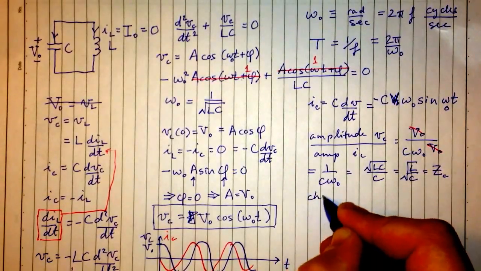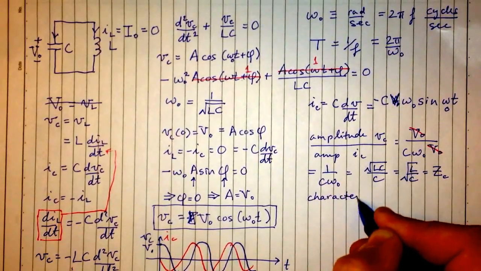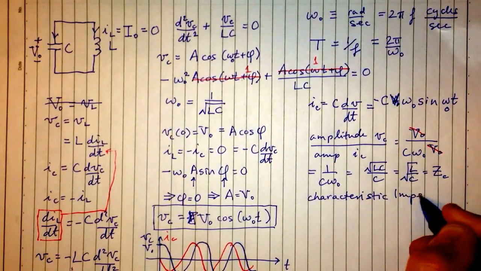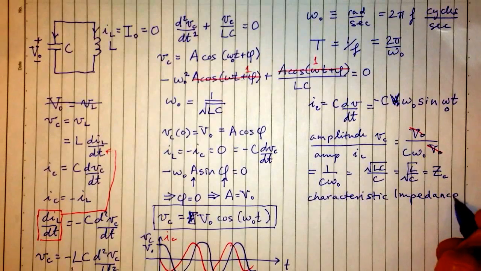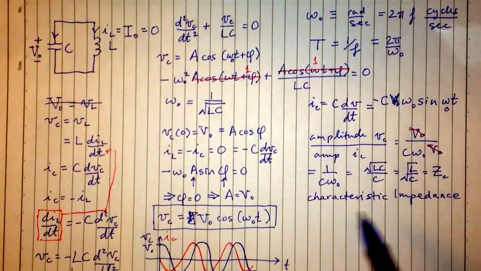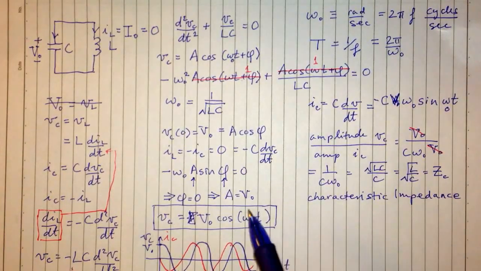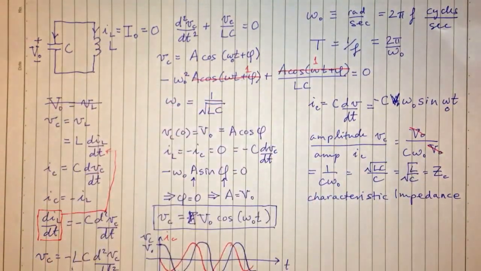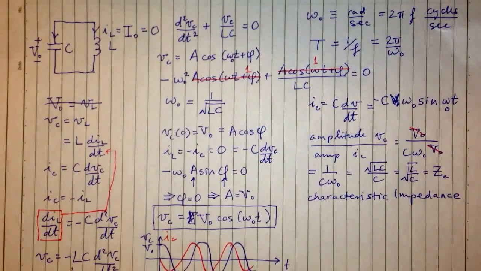It's called the characteristic impedance. So just like the resistance is the ratio of the voltage to the current in a resistor, the characteristic impedance is the ratio of the voltage to the current in an LC circuit in one of the elements.